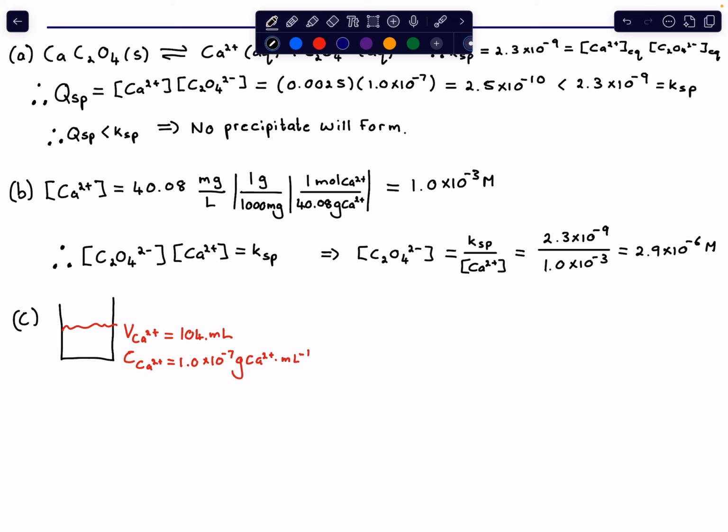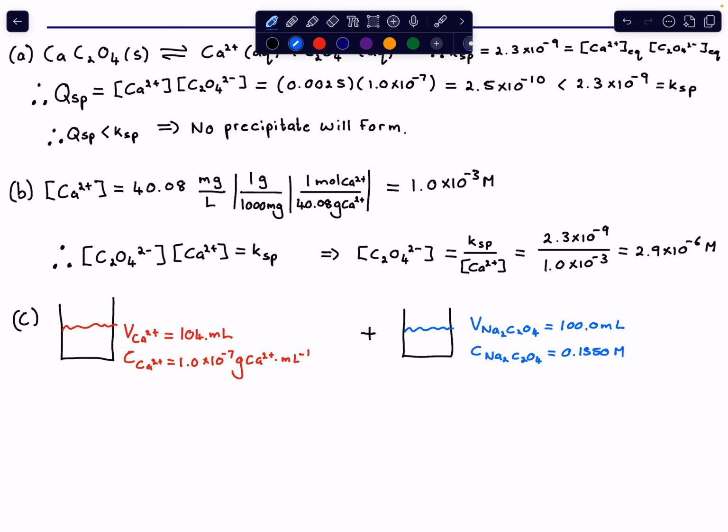Alright, and to that we add a different mixture which contains a certain amount of sodium oxalate, which is 100 milliliter, and the concentration of sodium oxalate is given as 0.1550 molar.